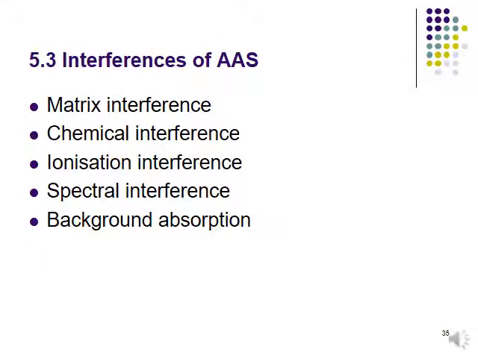Next, the final part of AAS is the interference of AAS. We have five different interferences: matrix interference, chemical interference, ionization interference, spectral interference, and also background absorption.